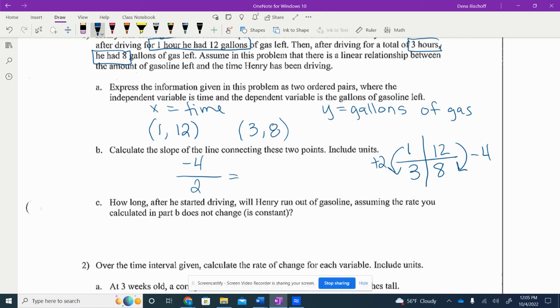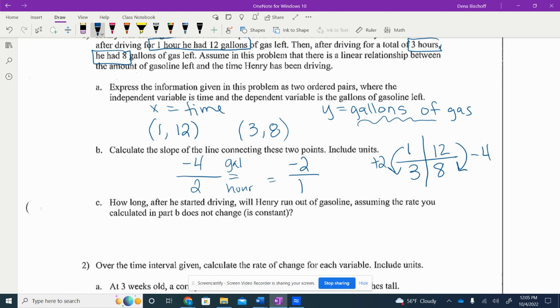So remember that the number on the y-axis represents what? So I have negative 4 gallons over the x-axis, which is time in hours. So can I reduce that? So negative 2 over 1.